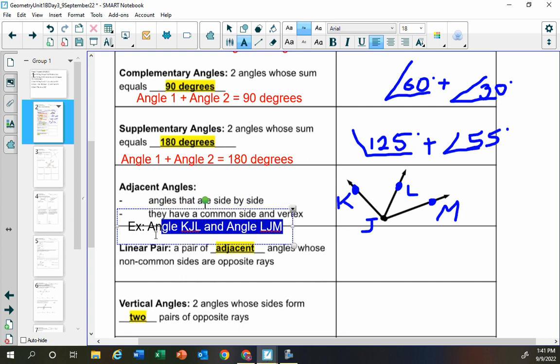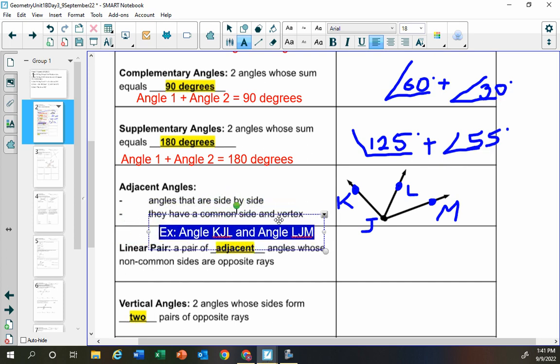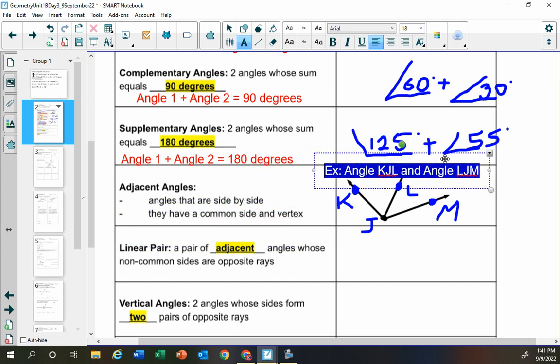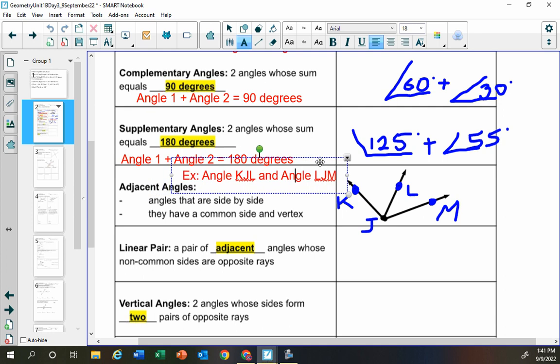They are adjacent angles. These are adjacent angles, so I'll just put it right here. So if you look, there we go.